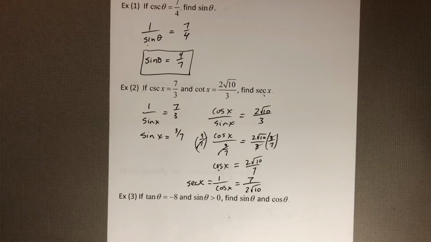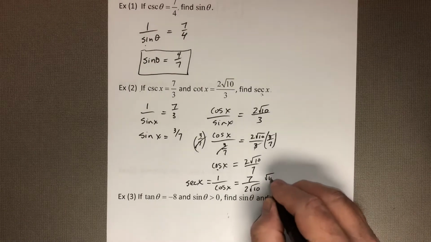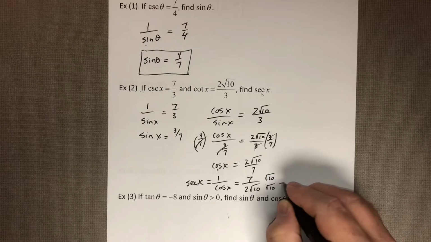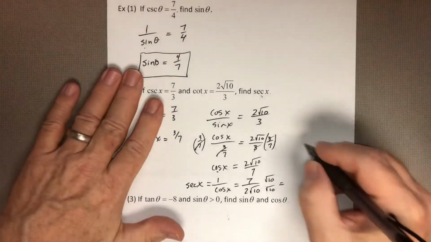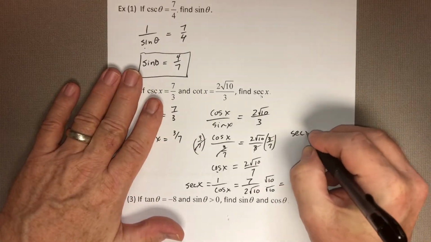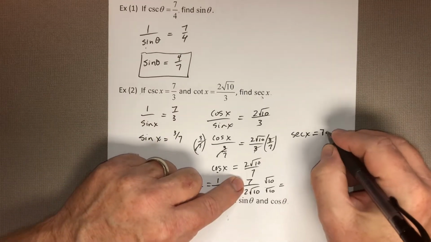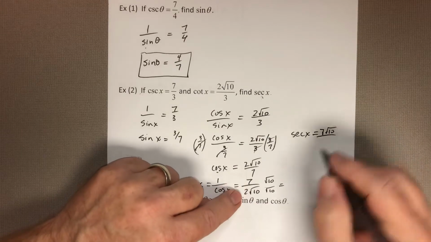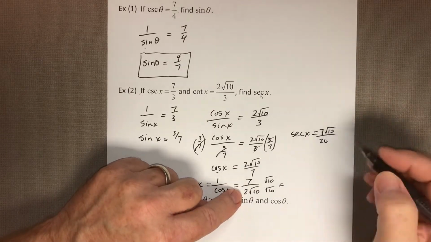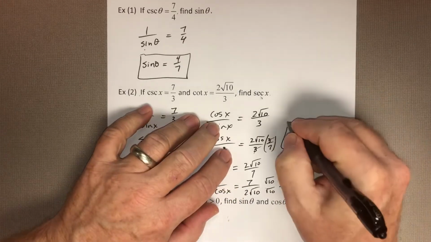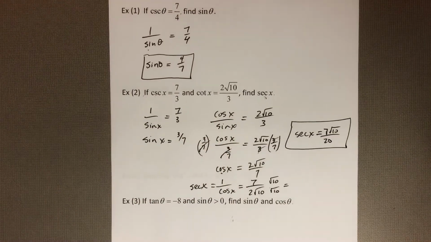And now we'll simplify that radical by multiplying both the denominator and the numerator by the square root of 10. And that would tell us that the secant of x is equal to 7 times the square root of 10 divided by 20. All right? And that is your secant of x. You're finished. Let's go to number 3.